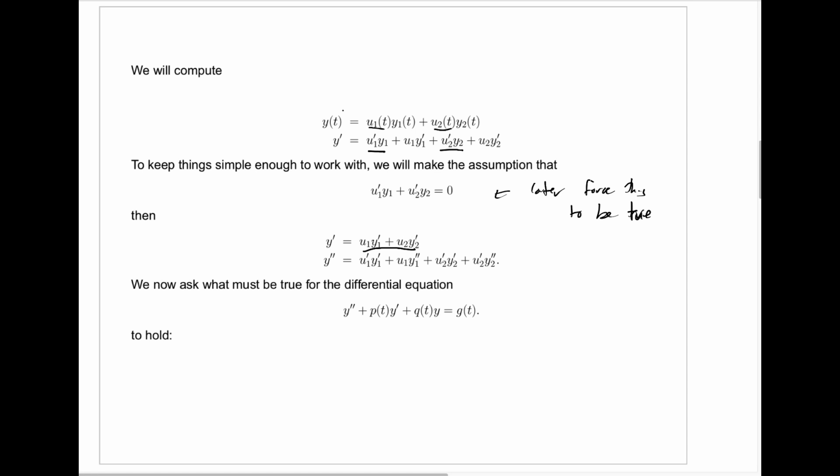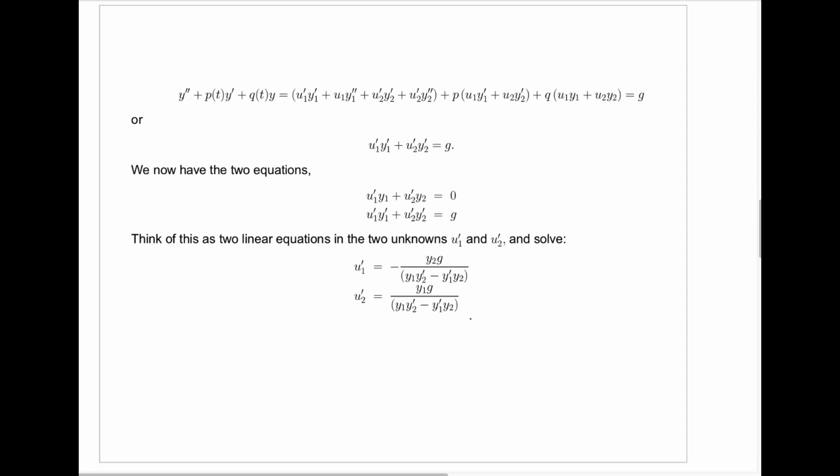And then y prime is this simple thing, and for y double prime, we again have to use the product rule twice. That becomes u1 prime y1 prime plus u1 y1 double prime, plus the same thing for u2: u2 prime y2 prime plus u2 y2 double prime. Okay, now that we've computed y double prime, and we have y prime, and we have y up here, we plug those into our differential equation, y double prime plus p of t y prime plus q of t y equals g of t, and we ask how can we choose the u1 and u2 to make things work.